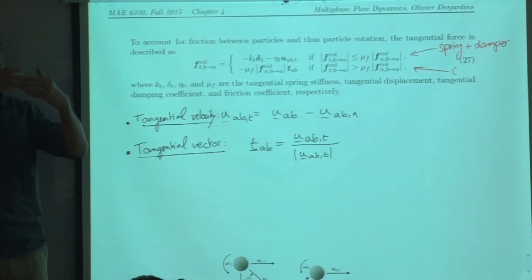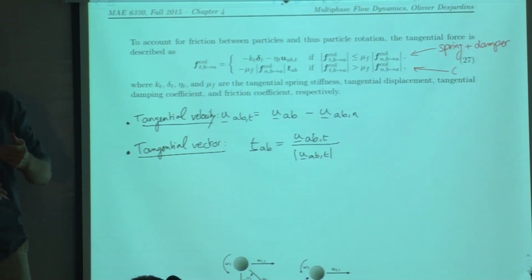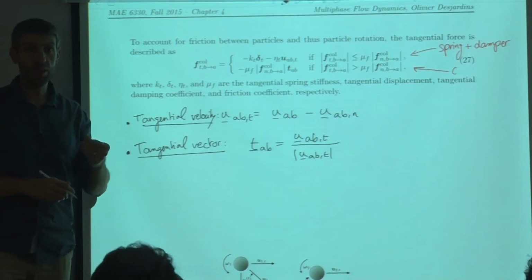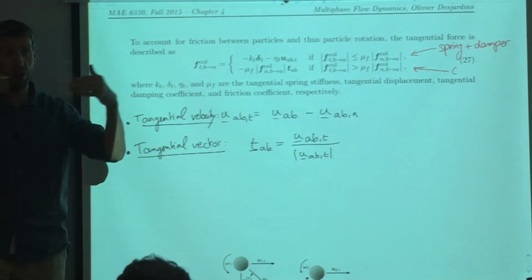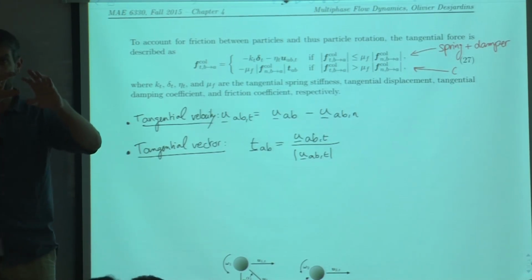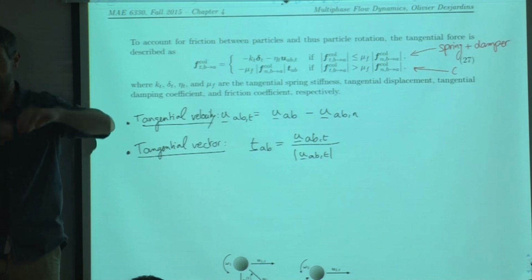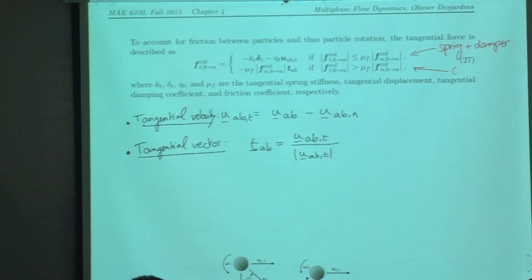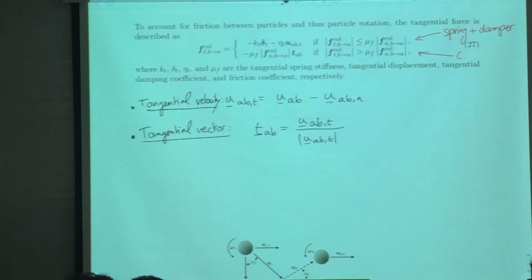If I'm looking at two particles getting into one another like this, how do I know what is the amount of overlap that's happened? This is really something that requires knowing where we started the collision and time integrating what has happened to the particles as they rotate with respect to one another. So this tangential displacement is kind of a beast to deal with. And that complicates the story quite a bit.